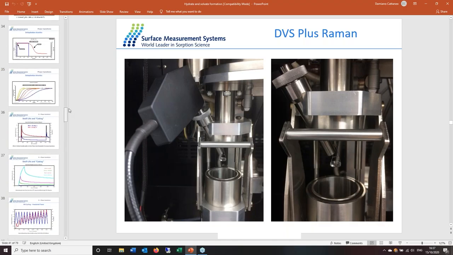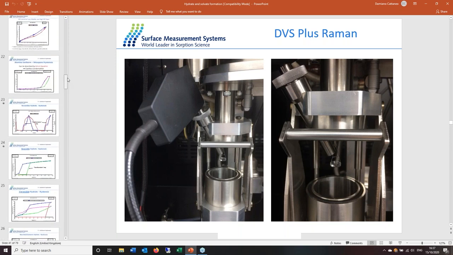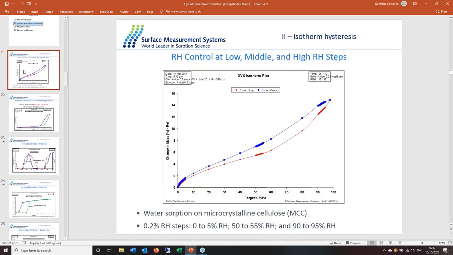So one of the things that is peculiar about samples and humidity exposure is the fact that, for example, let's take this example. The sample has a different water content depending on if I'm going up in humidity or going down in humidity. What I mean by that, for example, this is a sample of cellulose.